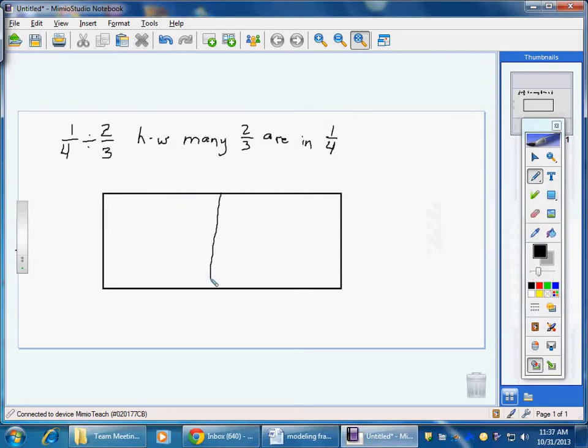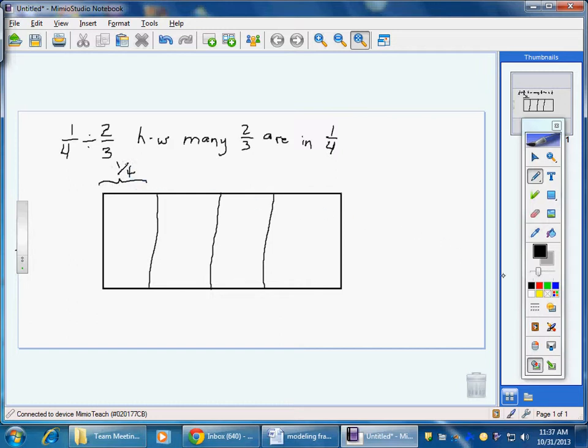Due to the nature of the product that I'm working on, drawing straight lines is going to be a little complicated. We'll just work through it. So if each one of these is a fourth, what I have here is 1/4.